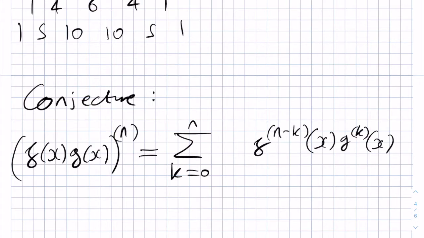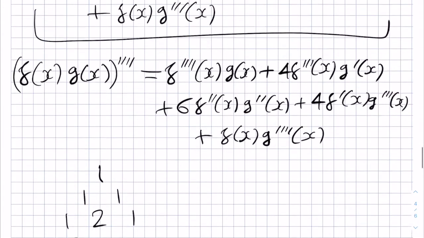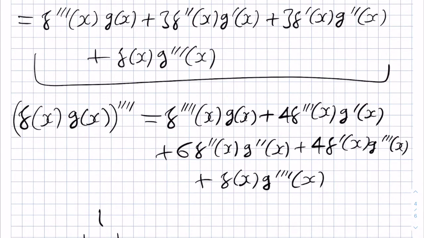For example, the first term will be f with n derivatives and g with no derivatives. The next term will be f with n minus 1 derivatives and g with 1 derivative, just like we have in the pattern we have here, f with 4 and g with none, and then f with 3 and g with 1, then f with 2, g with 2, and so on.